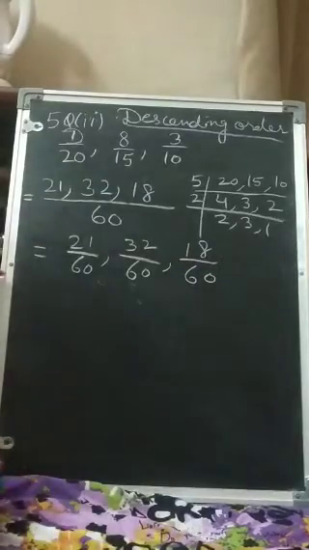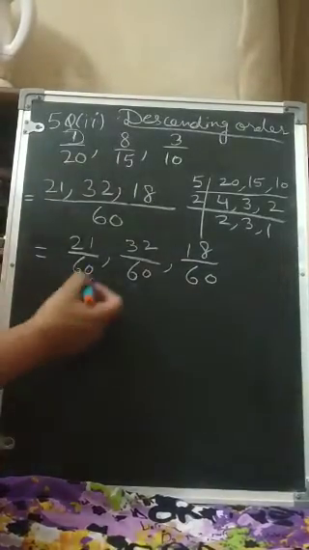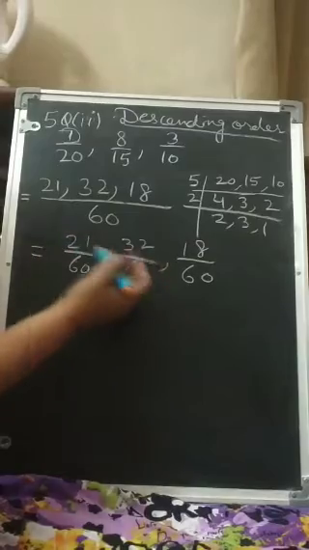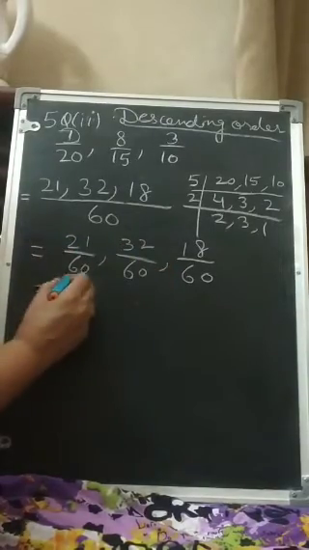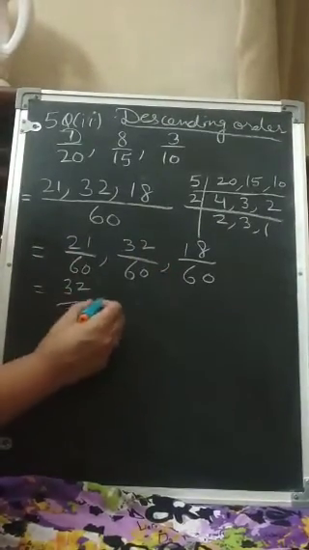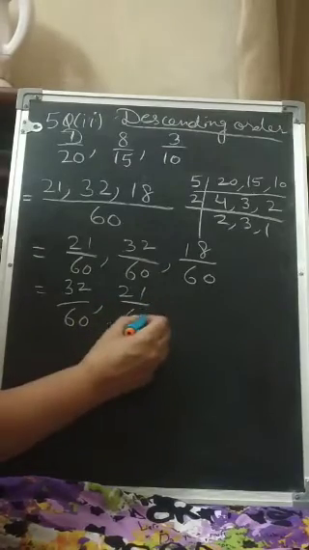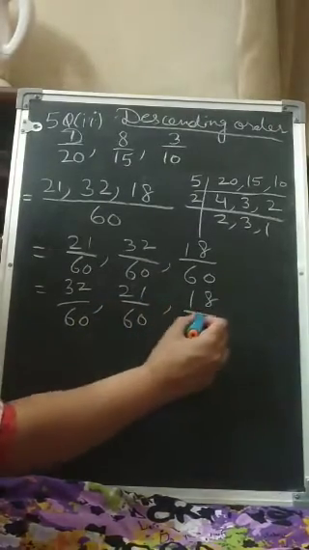So in this way you are getting 21 over 60, 32 over 60 and 18 over 60. Now our question is to write in descending order. So here you can see which is the biggest number. 32 over 60 is the biggest. Afterwards 21 over 60. Afterwards 18 over 60.